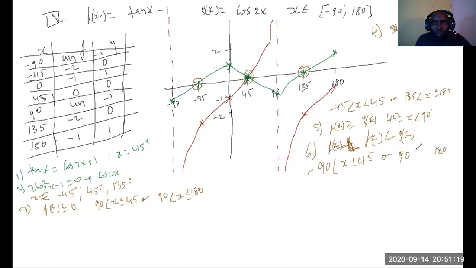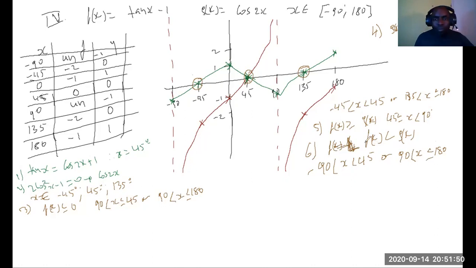So x in between. Yeah, I want x to be greater than 90, but less or equal to 180. It's also part of the solution.